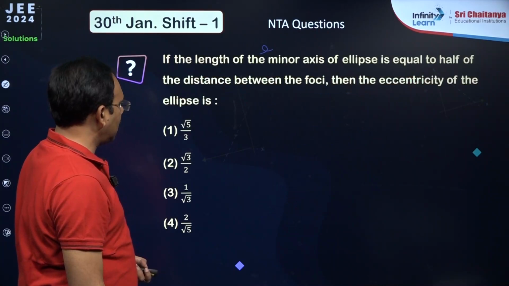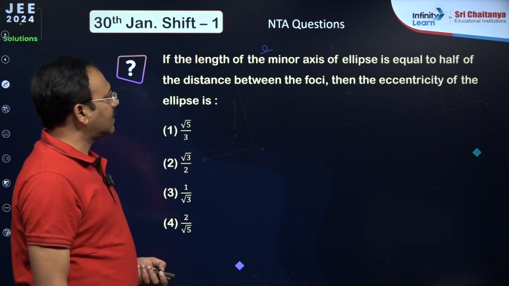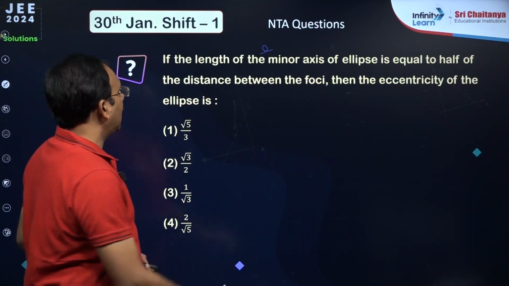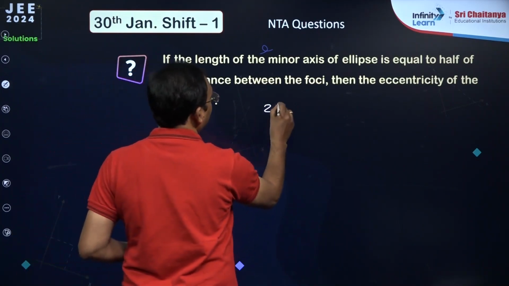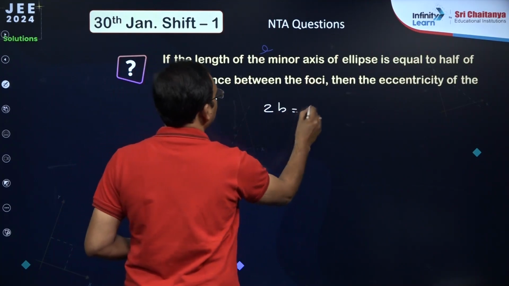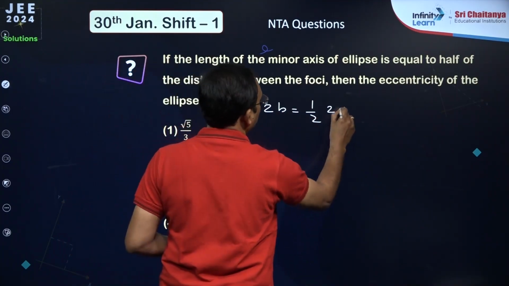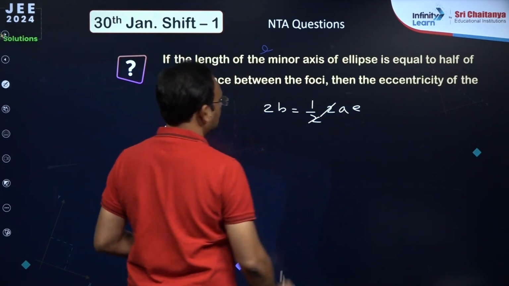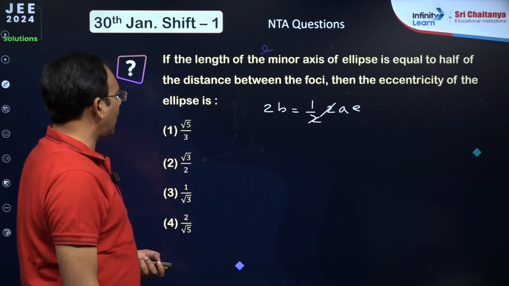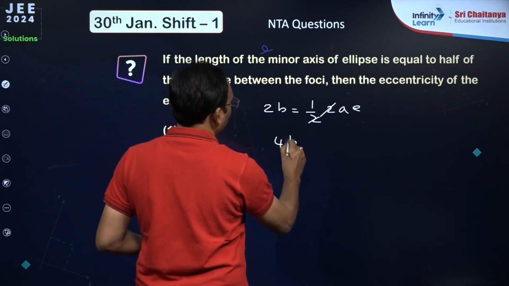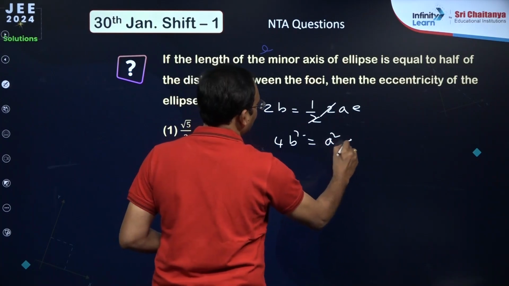Next, the length of the minor axis of an ellipse is equal to half of the distance between the foci. Length of the minor axis of an ellipse is 2b, equal to half of the distance between the two foci, which is 2ae, my dear friends. So this is the relation we got. Then the eccentricity of the ellipse. You just square on both sides. 4b square is equal to a square e square.